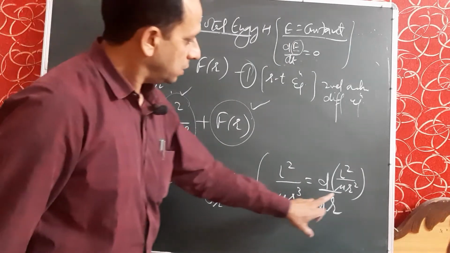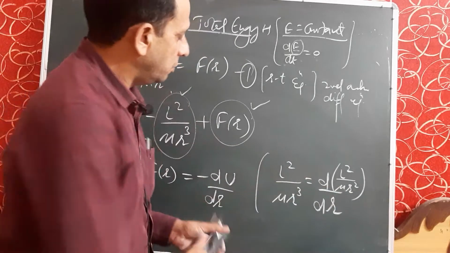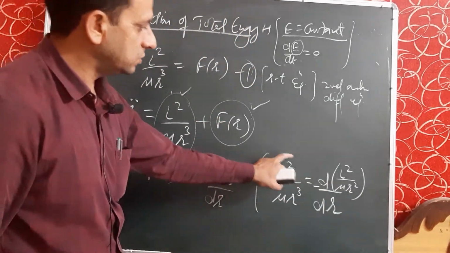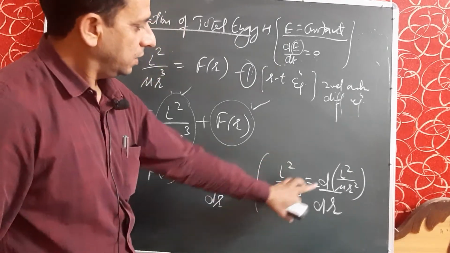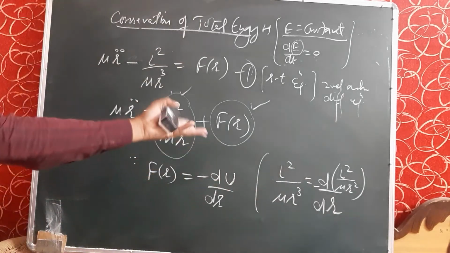You can prove it. So we will get the same answer: this answer can be obtained by the derivative of this term with respect to r with a negative sign. You can solve it.